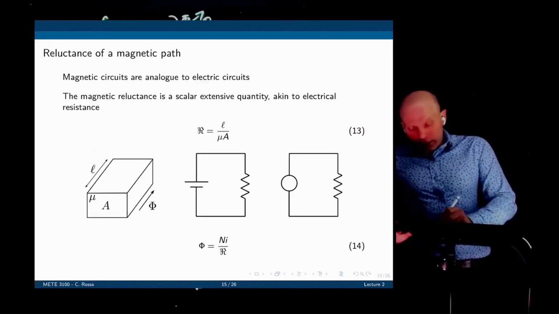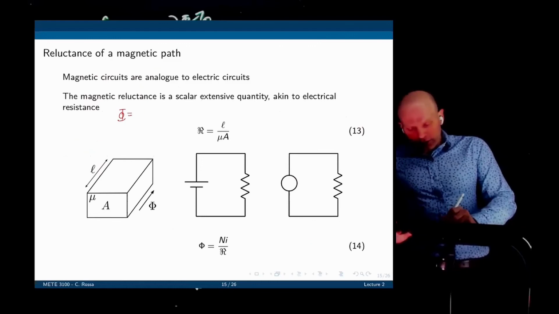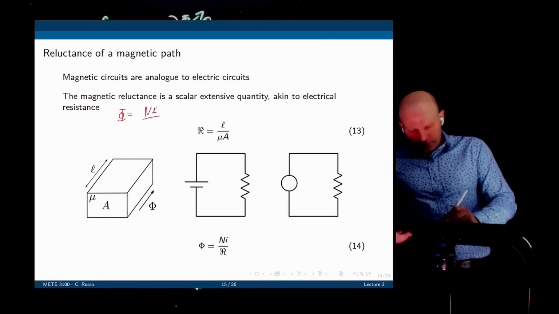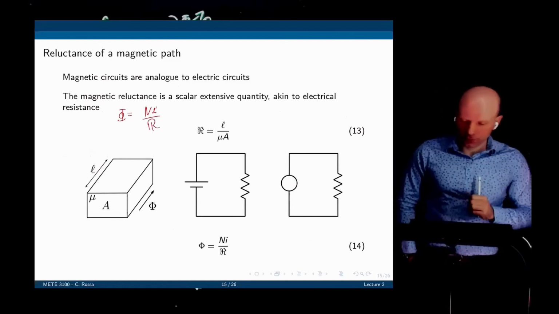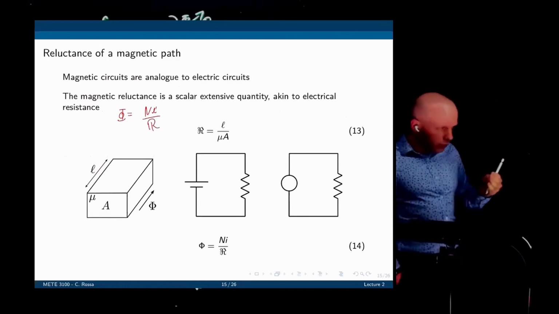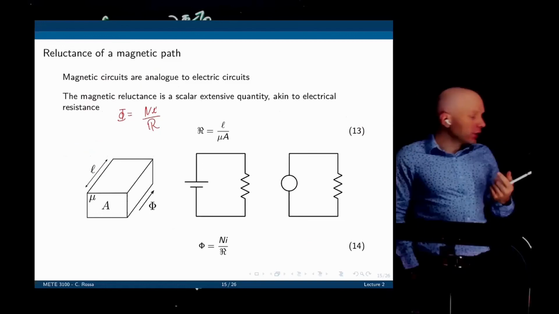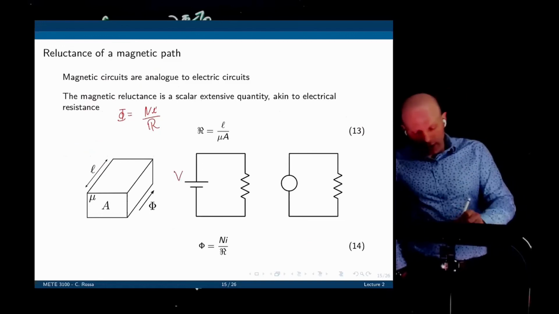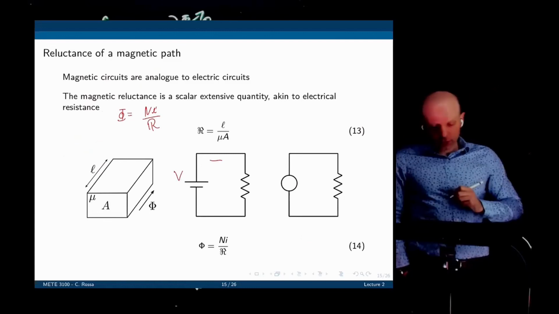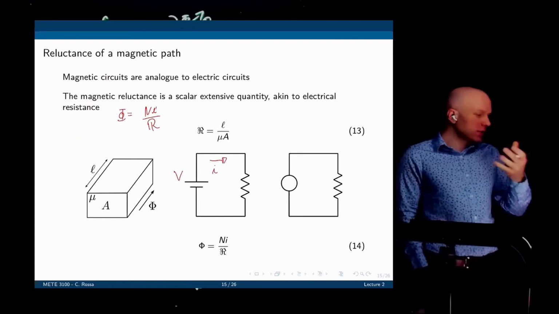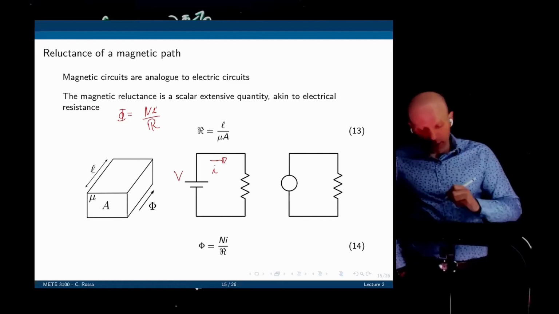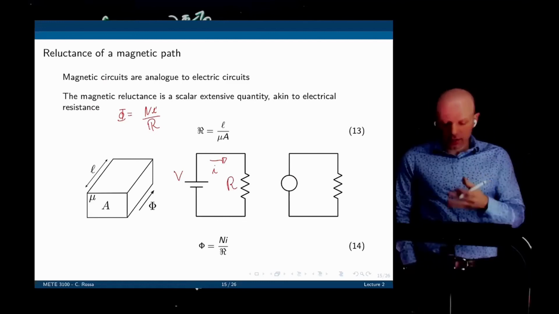We can now make an analogy to an electrical circuit. In an electrical circuit, what is the driving force to a current? That is the voltage. We apply a voltage to a system, we develop a current. The system has an impedance, in this case just a resistance, R. And that is a simple electrical circuit.